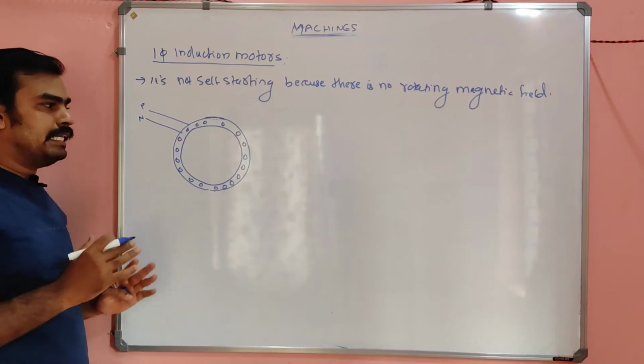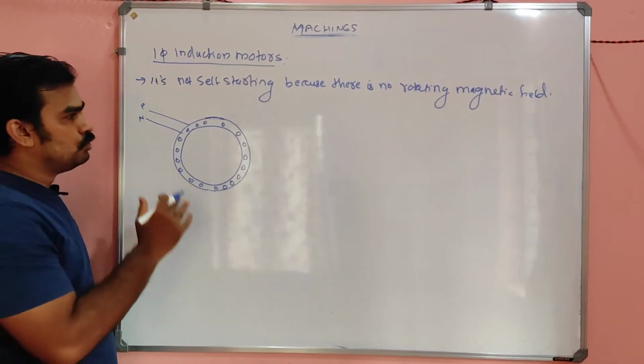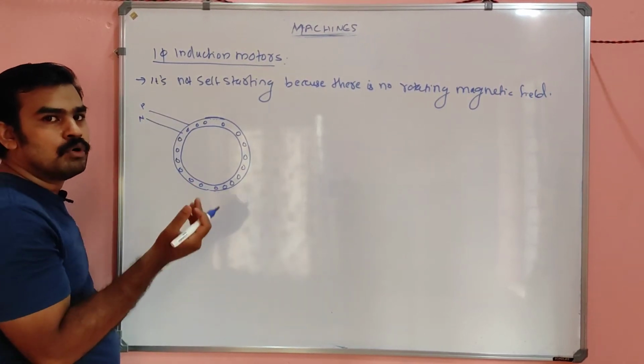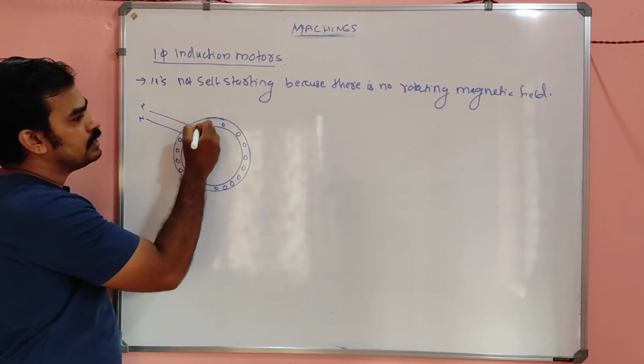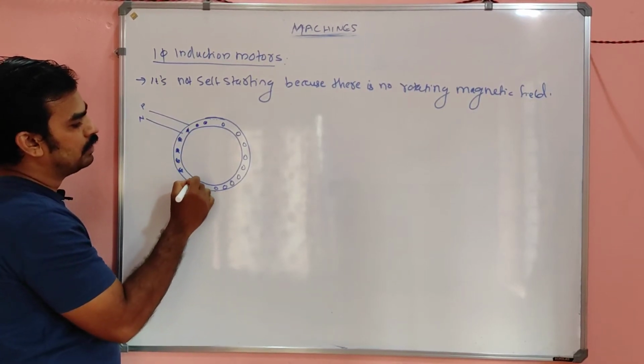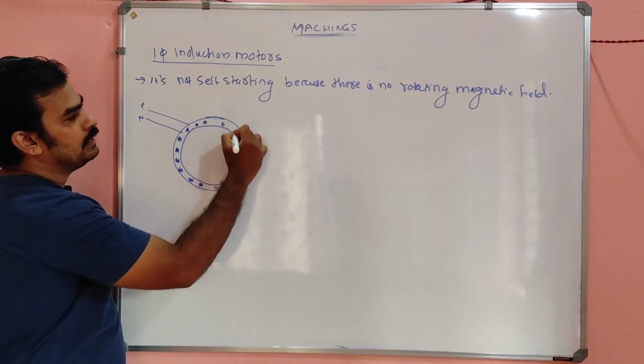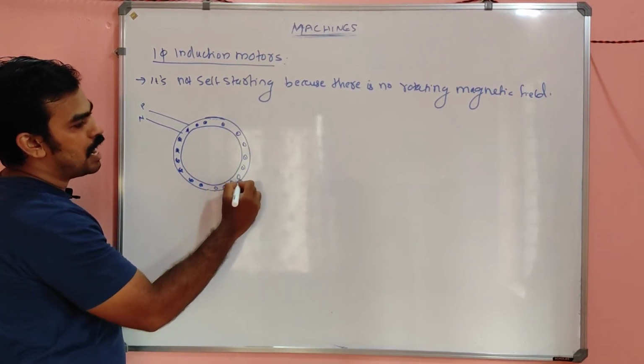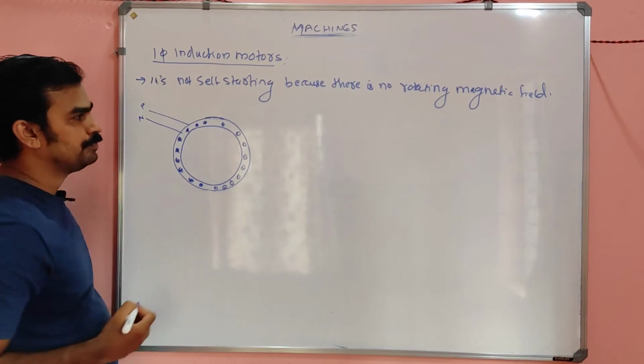Of course in a certain region, suppose you want a 2-pole structure, this region contains current moving into the coil, and this region will contain current moving outside from the coil.